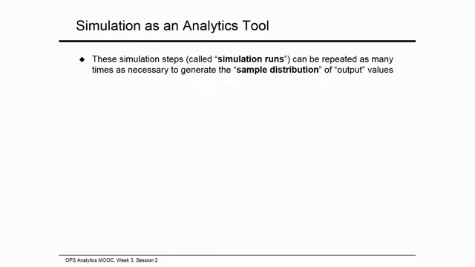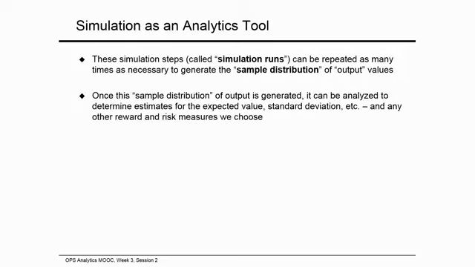We can repeat the simulation step, which we will call a simulation run, as many times as we like. Since at every simulation run, we convert a random input value, such as data usage U, into the corresponding output value, such as payment P, the simulation basically converts the set of random input numbers into a set of random output numbers. We will use the term input sample and output sample to describe the sets of numbers generated during a simulation.